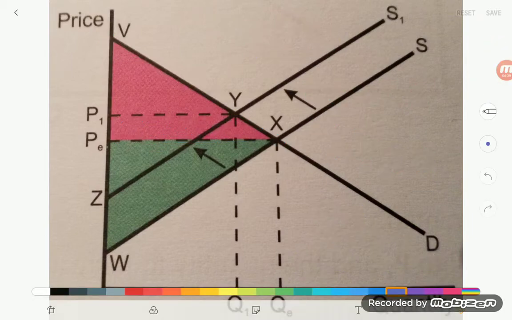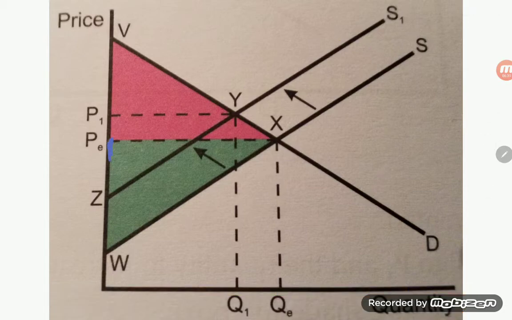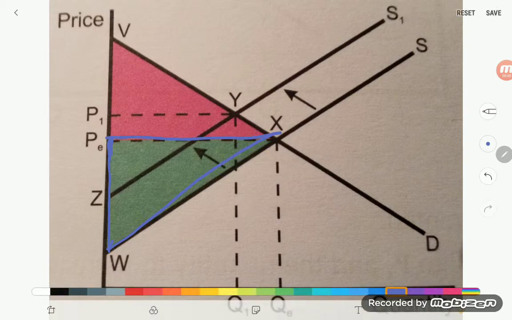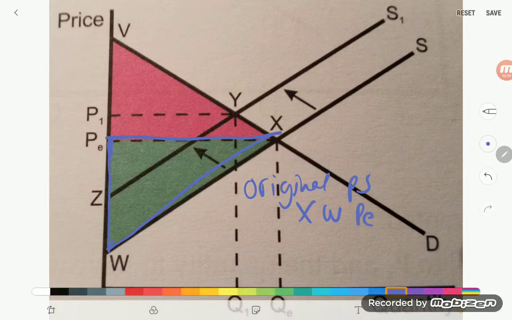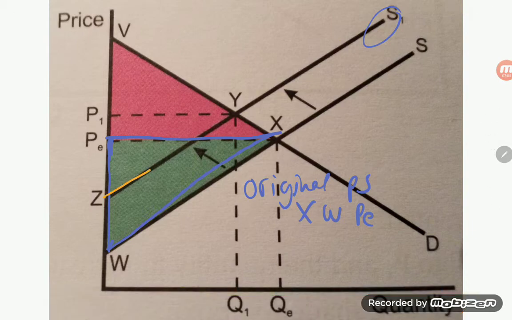The original producer surplus, on the other hand, was PE, W, X. So PE, W, X was the original producer surplus. However, once supply shifted to the left, the new producer surplus was obviously much smaller.